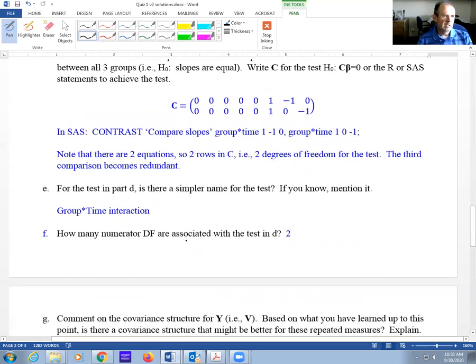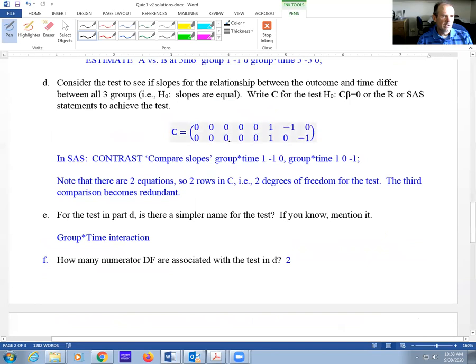So for part D, to compare the slopes, you have 3 groups, right? But we have 2 degrees of freedom, so you only need to specify 2 rows. Some people wrote all 3, and I think the test actually still works, so I didn't take much off. But really you only need 2 of the 3 because there's 2 degrees of freedom.